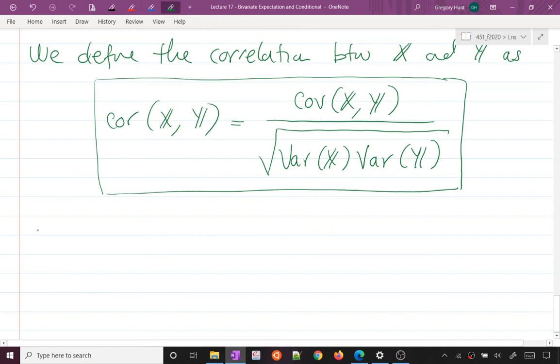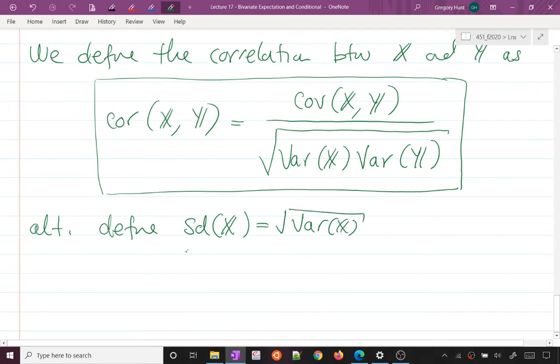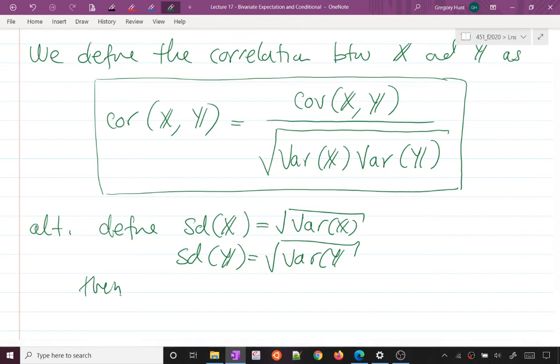Alternatively, you could define the standard deviation of x to be the square root of the variance of x, and the standard deviation of y to be the square root of the variance of y. In this case, we can just say that the correlation is going to be the covariance divided through by the two standard deviations.